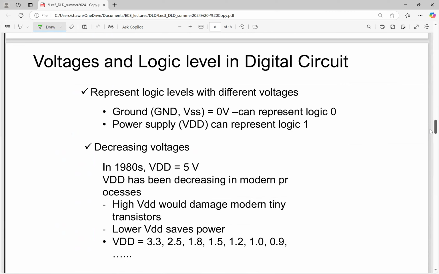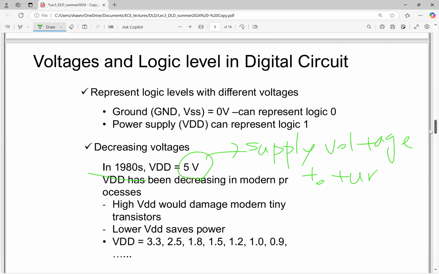At the initial stage of microelectronics in the 1980s, the sufficient voltage magnitude was usually 5 volts. This is the supply voltage to turn on the MOSFET.